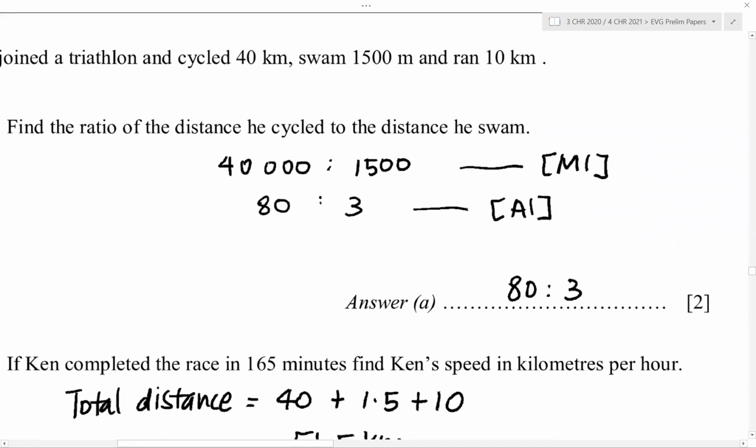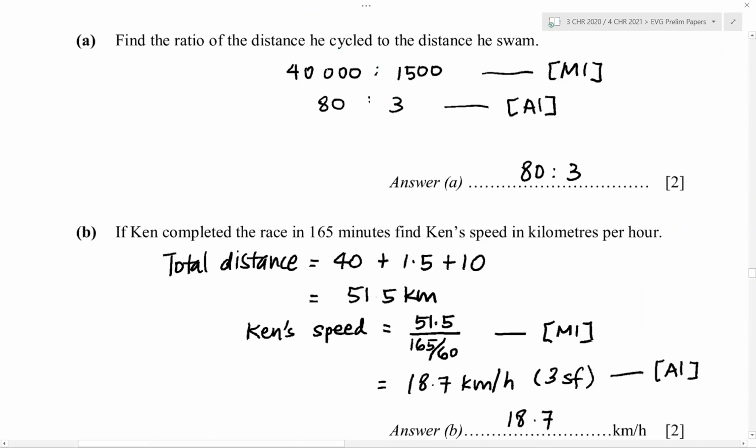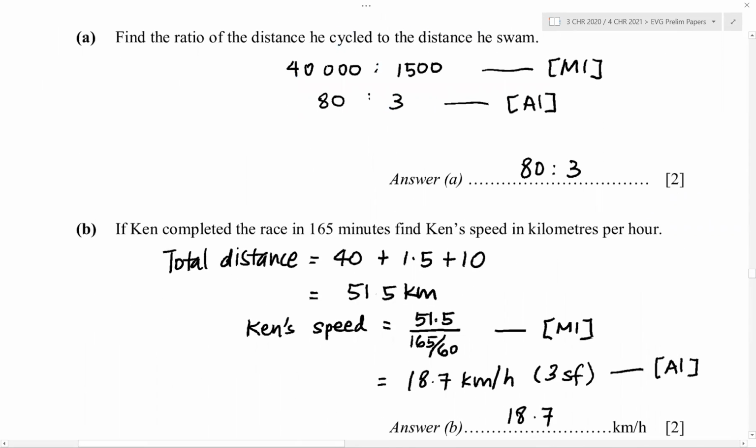Okay, ratio of distance cycled and swum. Take note that the units are different. So you need to convert to the same units first. Part B. Need help? Raise hand.